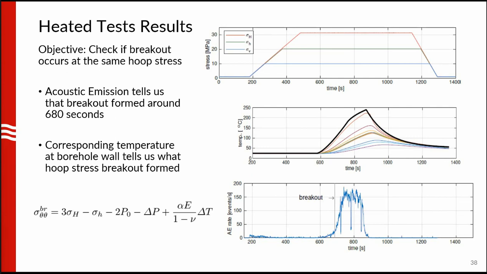In this case, we're going to rely on the acoustic emission to identify when the breakout starts to happen, because the timing of when this breakout happens gives us the temperature at that time, and therefore also the thermal stress term at the onset of breakout.